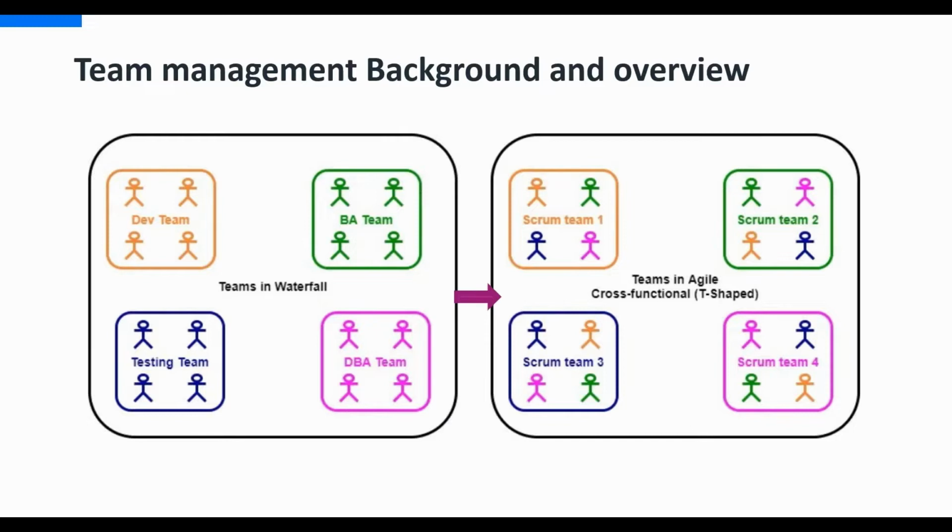In recent times, Agile and DevOps have become more and more popular methodologies in the software industry as compared to waterfall methodology. More and more enterprise businesses are adapting to it. As you can see in this diagram, in waterfall methodology, the teams are segregated based on work functions, and each team works in their own silos until almost the end of the release, until the system integration and testing phase.